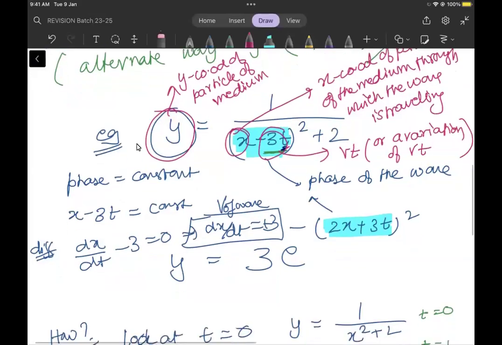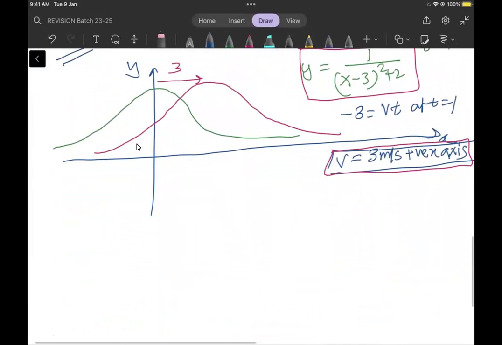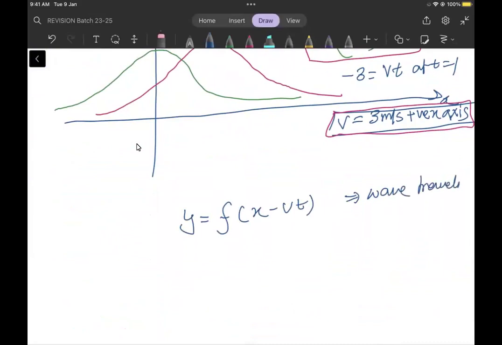So in this case, the velocity of the wave is 3 meters per second along the positive x-axis. In fact, when I write y is equal to f of x minus vt, then this implies a wave traveling with velocity plus v, positive v, along the positive x-axis.